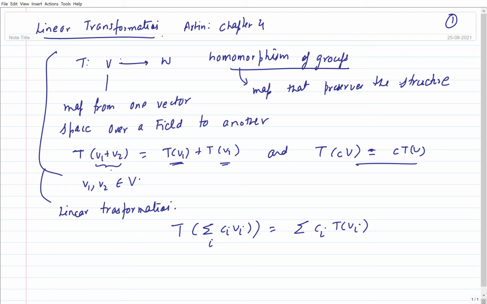So what is the most immediate example that comes to your mind? Some transformation that takes vectors from a vector space to another vector space. What sort of an example comes to your mind?